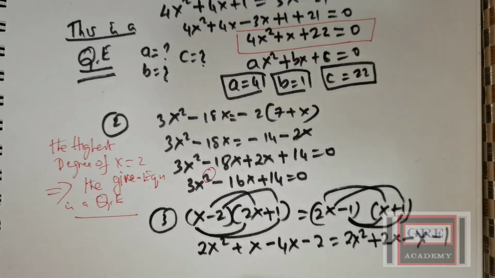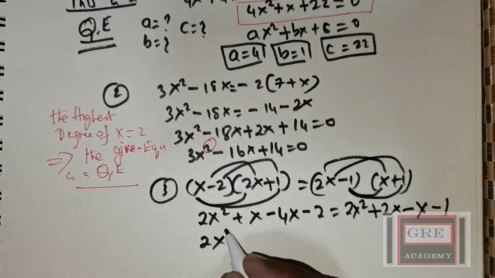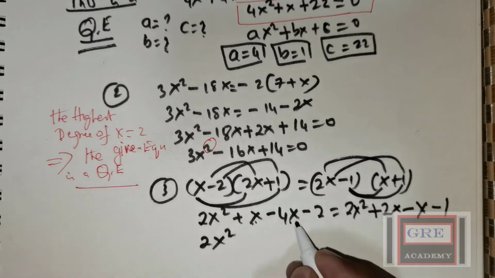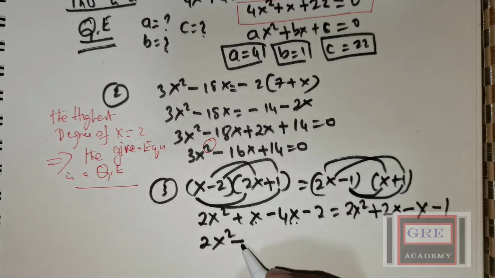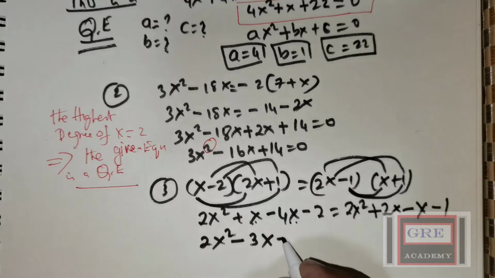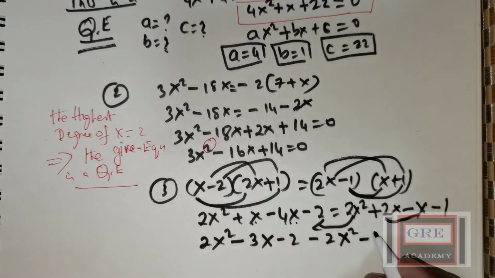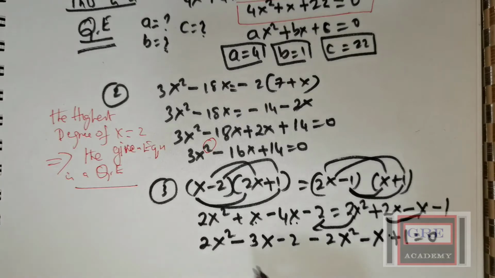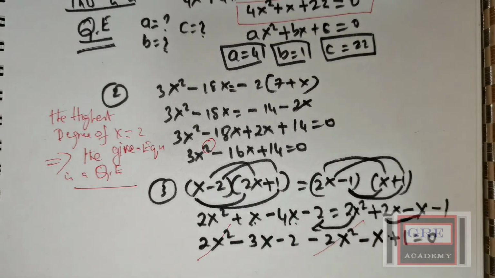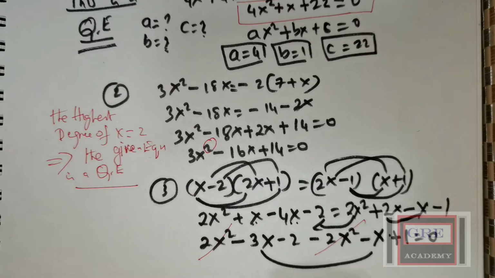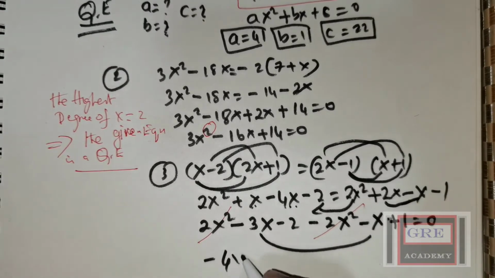So this is simplified as follows. This is going to be 2x squared, -x added with -4x would give you -3x, -2. Bring all these quantities to the left. This would be -2x squared. This is going to be x, so when you move it to the left side, it's going to be -x. This will become +1 is equal to 0. Now I can clearly cancel +2x squared and -2x squared. I can add -3x with -x, that's going to be -4x.